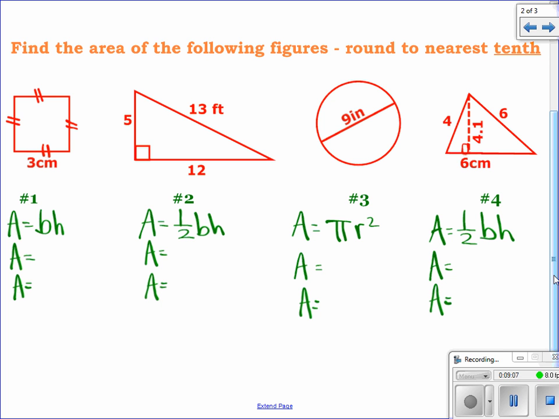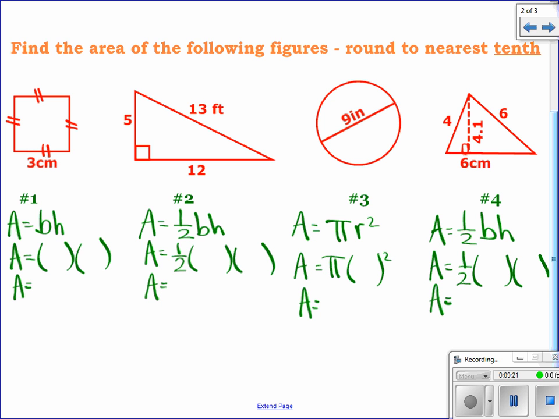In order to get full credit, you need to have these 3 lines of work on the test so that I can see what's going on inside of your brain. If you just have an answer, I have to assume that you don't know what you're doing and you happen to magically get the answer maybe from a neighbor.